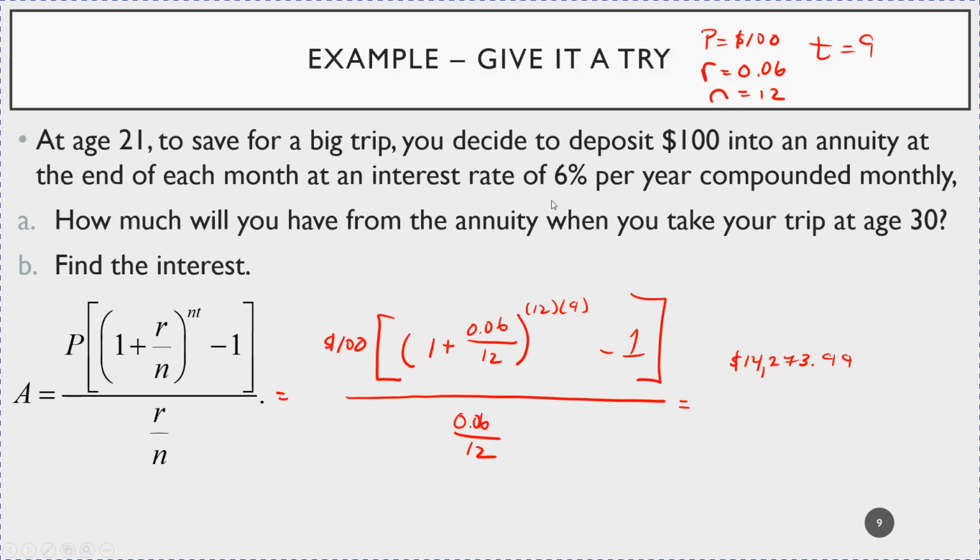So total value of annuity minus the total value of deposits. So again, by diligently saving, you had $14,273.99.